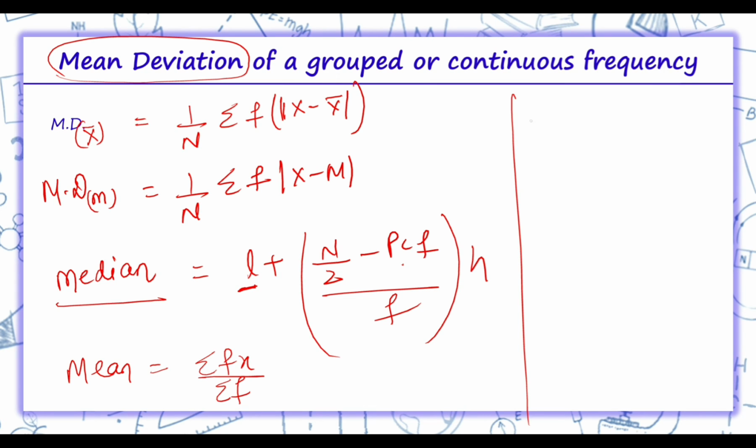Now the point is how to calculate x. So x is basically the class mark, which is calculated by upper limit plus lower limit upon 2.